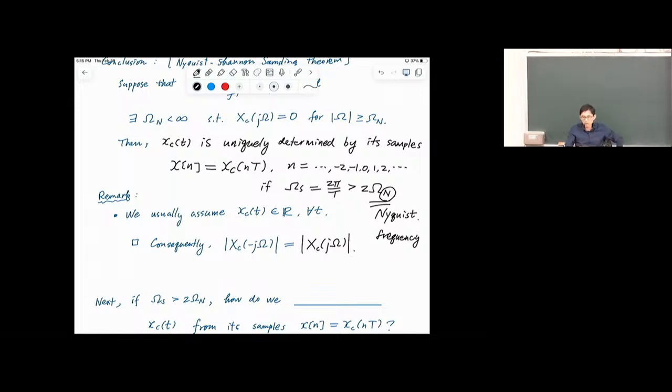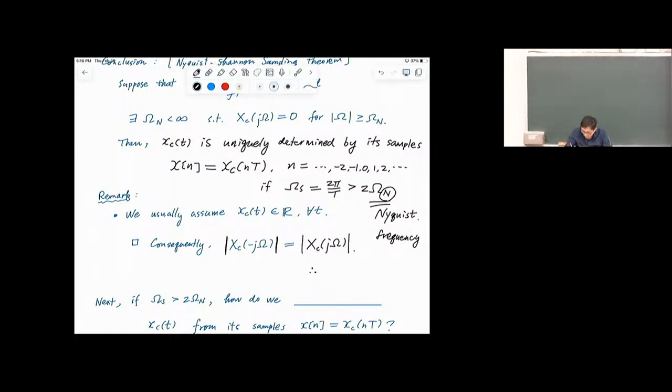The magnitude spectrum is symmetric: considering the negative frequency, the magnitude is the same as the positive frequency for all omega.